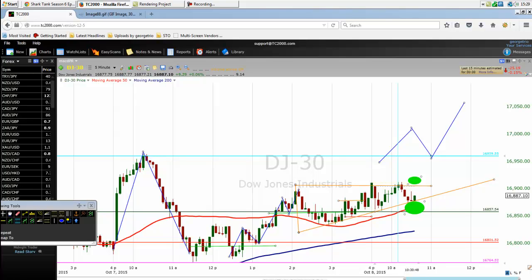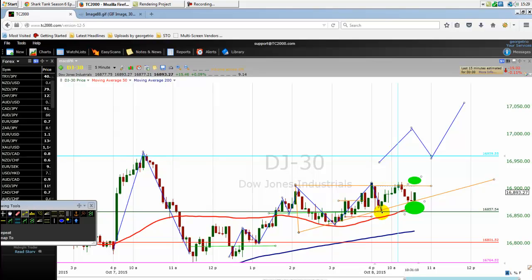All right? So I'm talking about, okay, an ascending triangle. This is the A part of the ascending triangle. Feel free to disagree with my wave count. That's the B part of our ascending triangle.